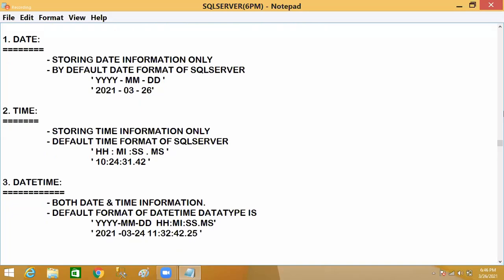The date and date time data types are used for storing a date and particular time information into your database table.